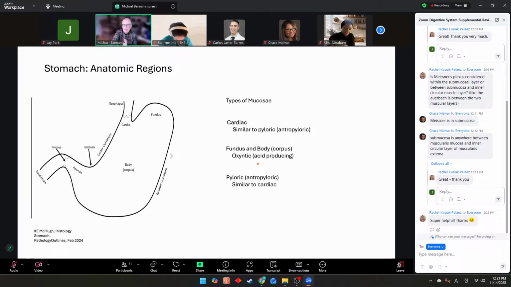Then there's basically a second type of mucosa, which is sometimes referred to as antropyloric, but is very similar to the mucosa in the very small cardiac region. And this is a mucosa that is rich in mucus glands. And we're going to talk in a little more detail about how these two mucosas differ and what their features are. Okay, so let's take a look at that.